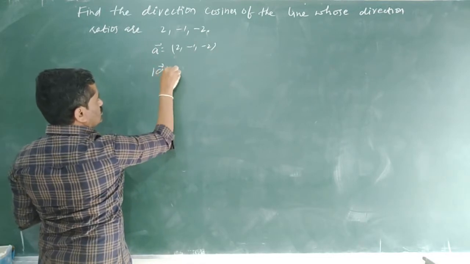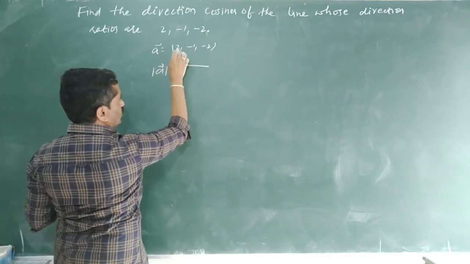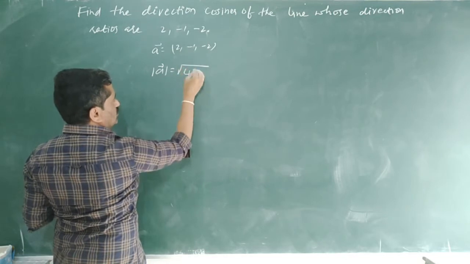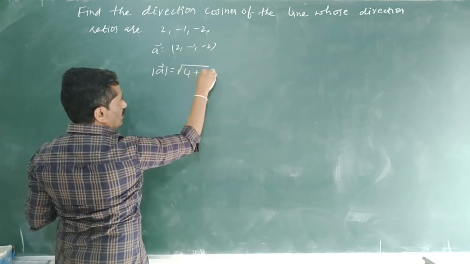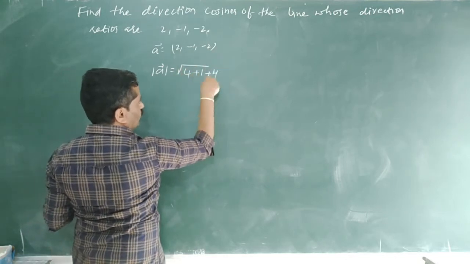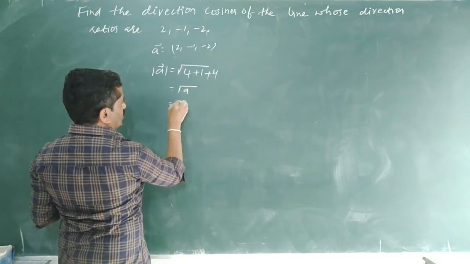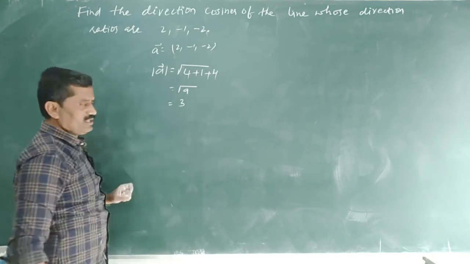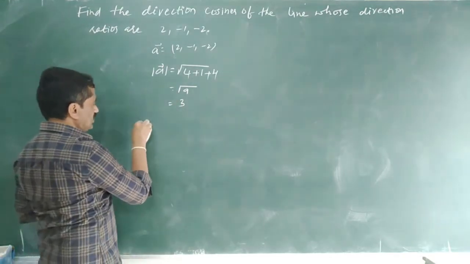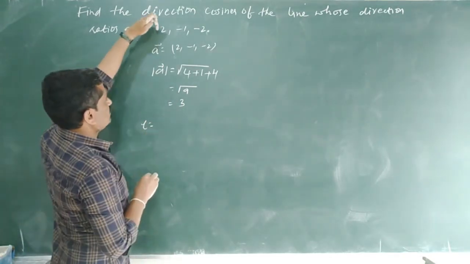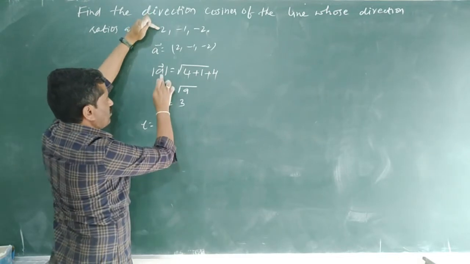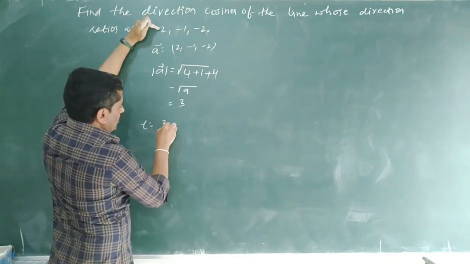Magnitude of A bar is equal to square root of 2 square, 4, minus 1 square, we have 1, plus minus 2 whole square, we have 4. Again that is equal to root 9, that is equal to 3. Therefore L is equal to x divided by magnitude of A bar, that is 2 by 3.